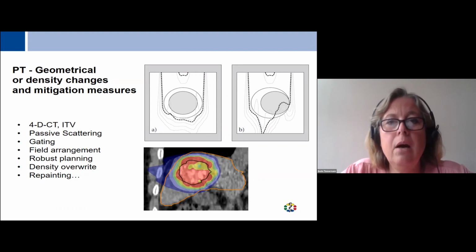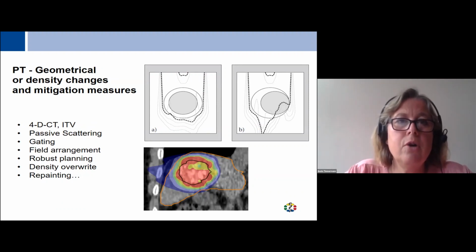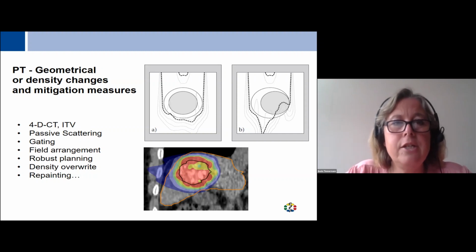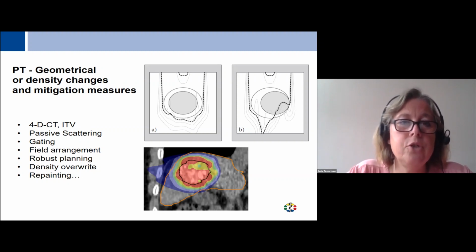So now, after those concerns, of course, all the proton centers have reacted and implemented mitigation measures for geometrical or density changes. Many centers are using 4D CTs, ITVs, or passive scattering technologies, gating. They take care about appropriate beam arrangement. They do robust planning.